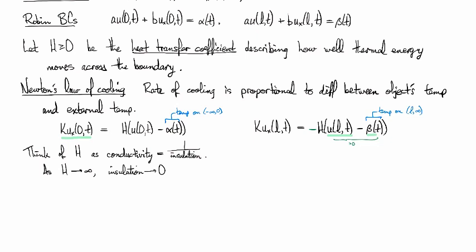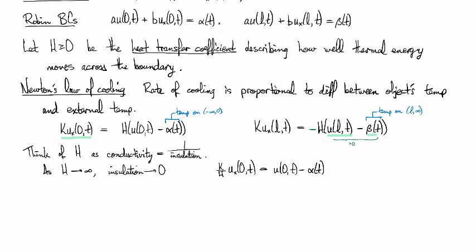Well, if I rewrite the equation, we'll just look at the left endpoint at 0. So if I divide the h over to the other side, then we have K over h u_x(0,t) equals u(0,t) minus alpha, right?